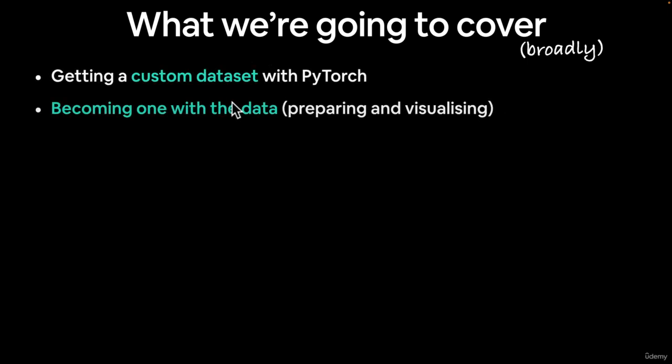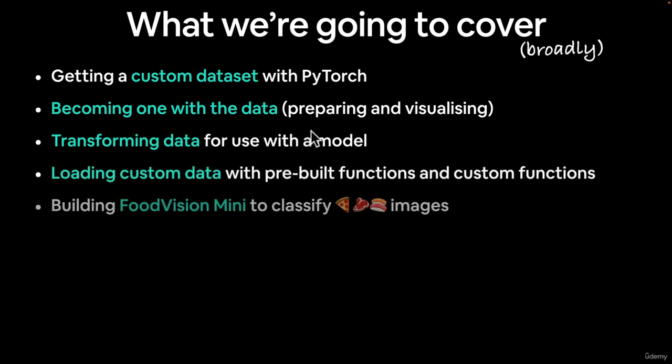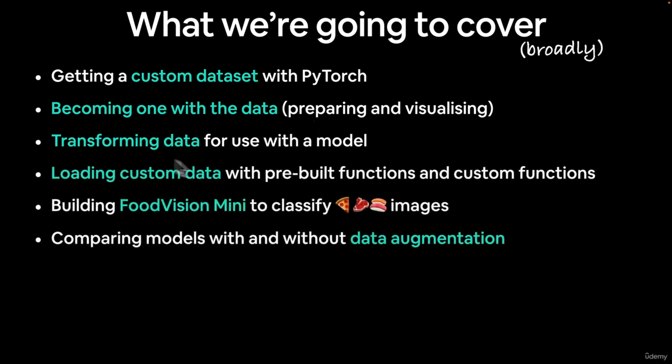So what we're going to cover broadly, we're going to get a custom dataset with PyTorch, as we've said. We're going to become one with the data. In other words, preparing and visualizing it. We'll learn how to transform data for use with a model, very important step. We'll see how we can load custom data with pre-built functions and our own custom functions.